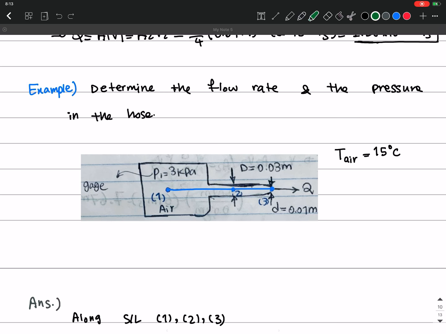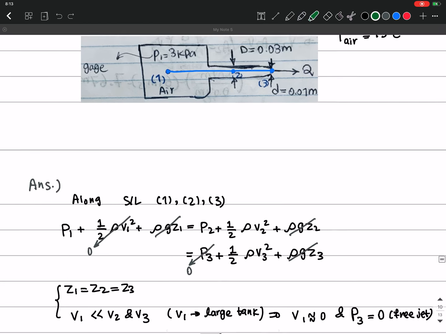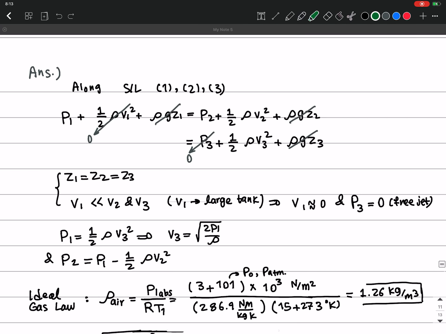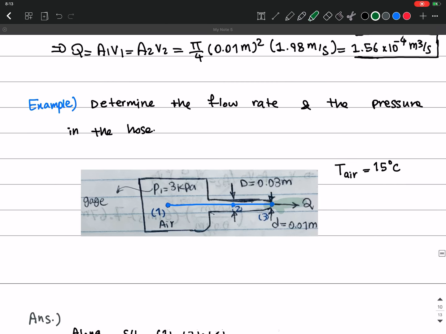We applied the Bernoulli equation along points 1, 2, and 3 because this was along one streamline. Then we assumed that V1 in the tank is much smaller than V2 and V3. So V1 is around 0, and P3 is 0 because we are in the free atmosphere.